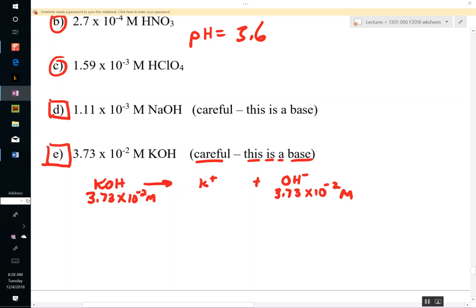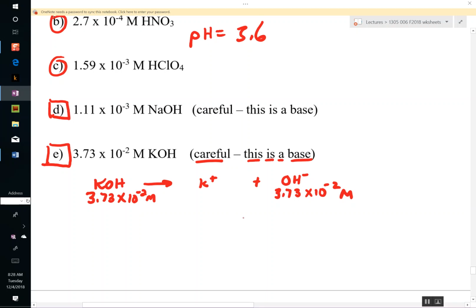Now there's two ways of doing this problem. I think I will just go down one road, the pOH road. This is the hydroxide ion.